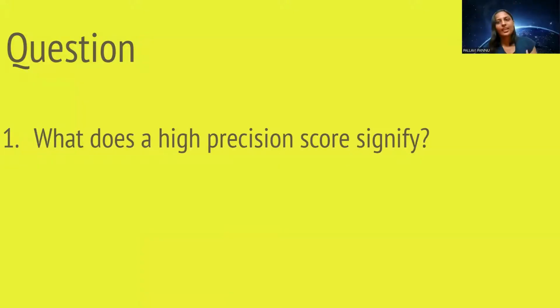right? Next, this question is one of the most asked questions in ML interviews. So now I have started covering things like questions that are being asked in interviews, so I am going to cover that. So what does a high precision score signify?